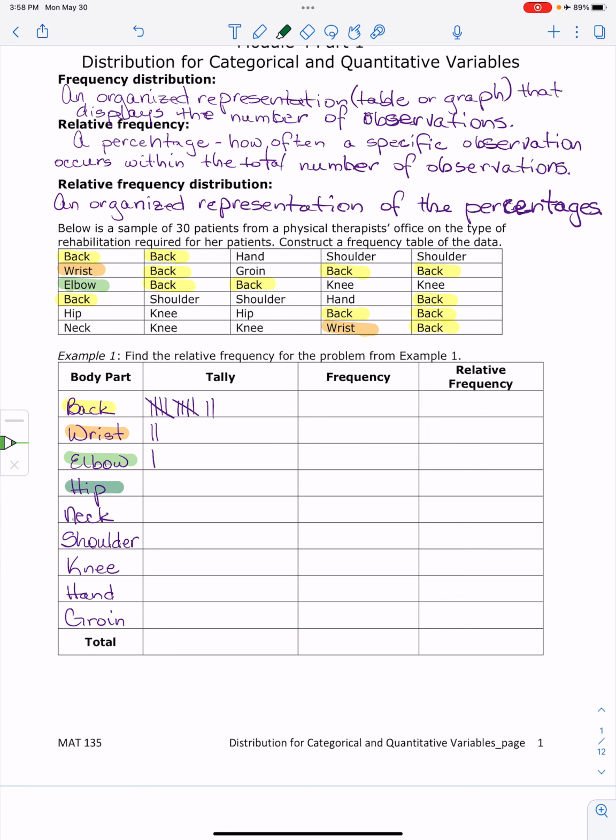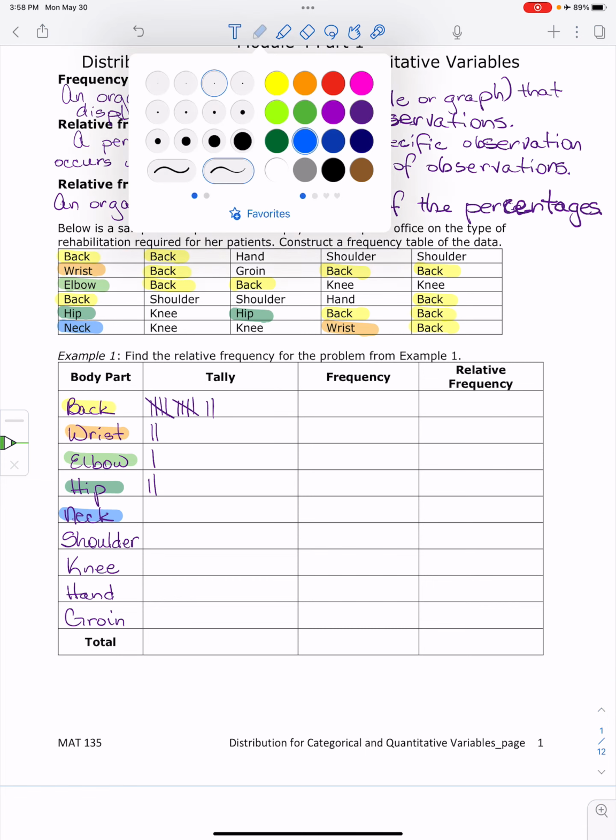We've got hip injuries. Here's 1 hip, 2 hips, moving on to the neck. I have got 1 neck injury.